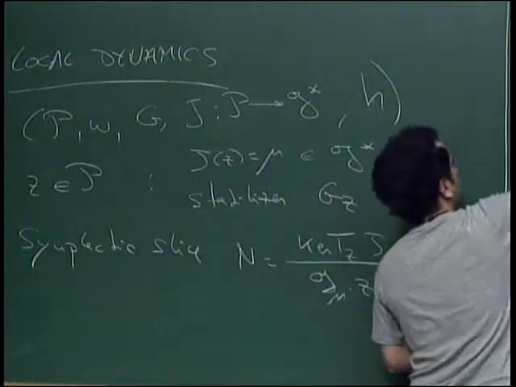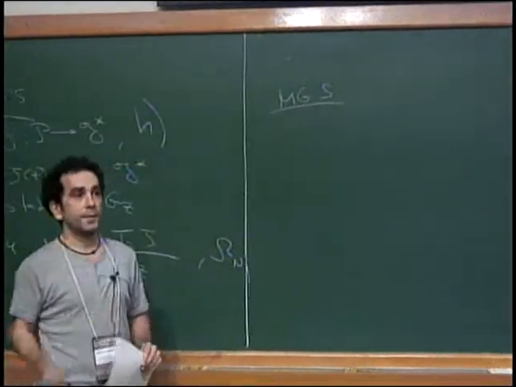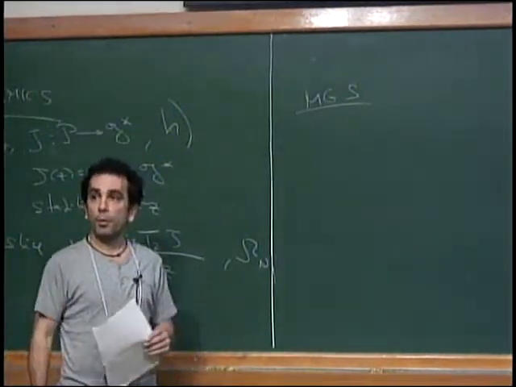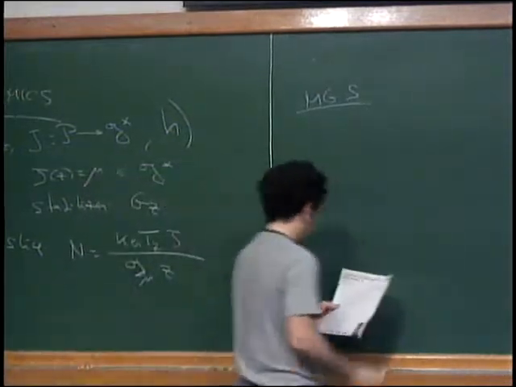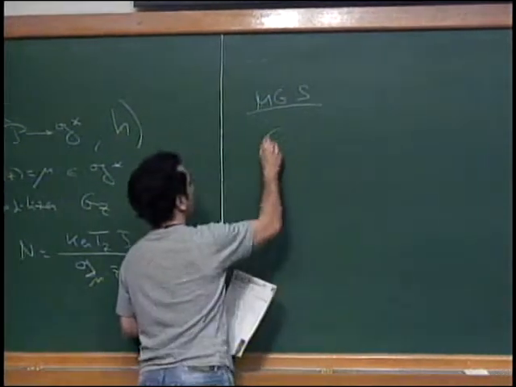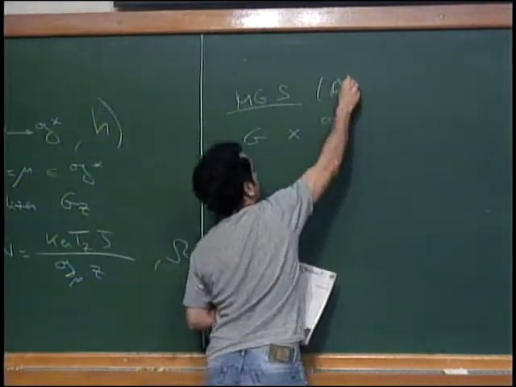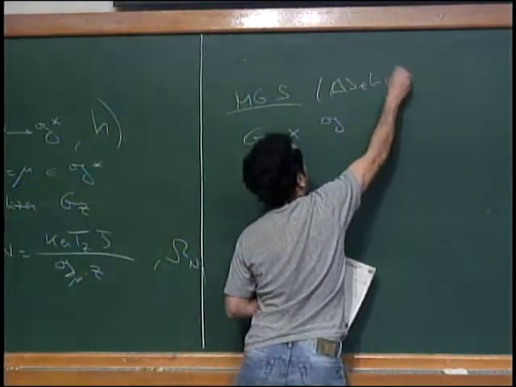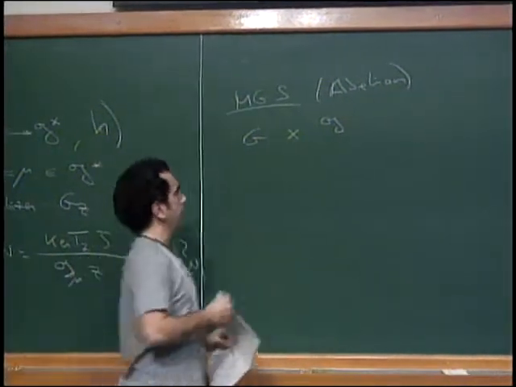Then Marle, Guillemin, and Sternberg came with this symplectic tubular neighborhood for Hamiltonian actions of symplectic manifolds, which is the following. Suppose we take G, multiply, here I should mention that I'm going to consider only abelian groups, right? Otherwise this would be more complicated.